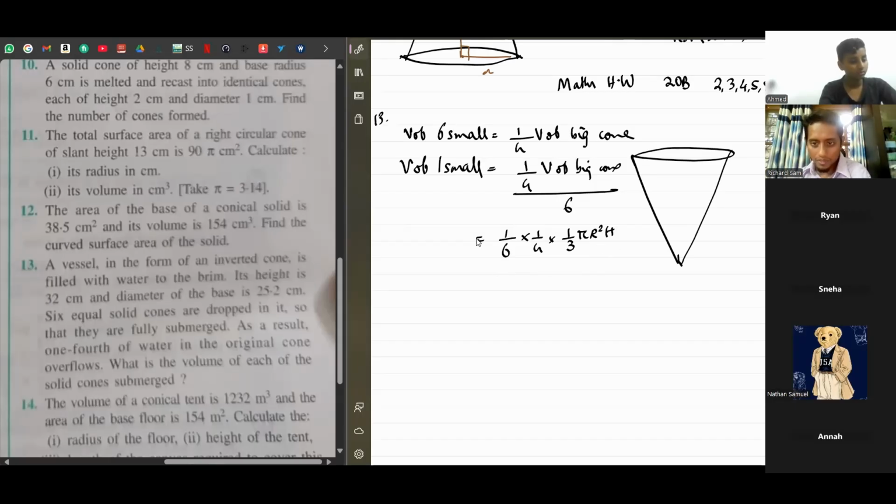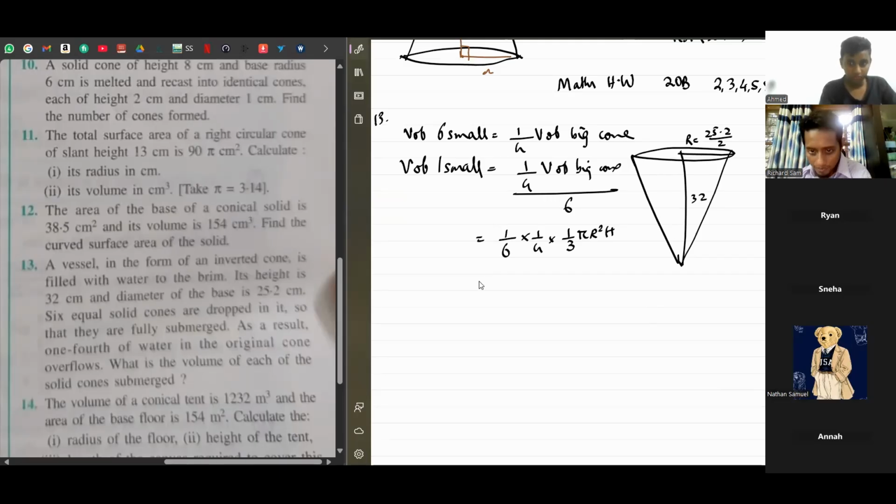Now we have the radius, we have the height. Radius is how much? They've given diameter 25.2. So it is 25.2 divided by 2. And the height is 32.